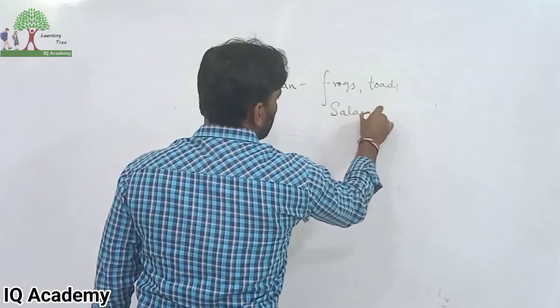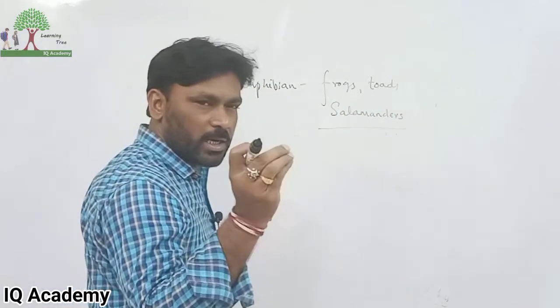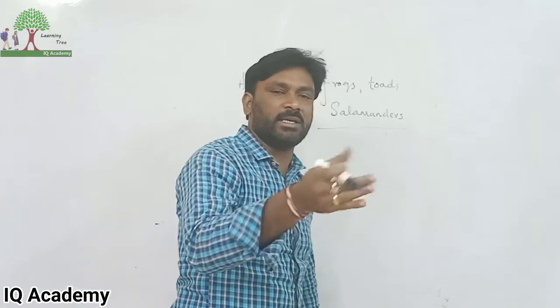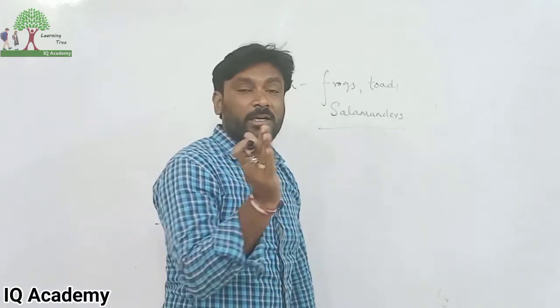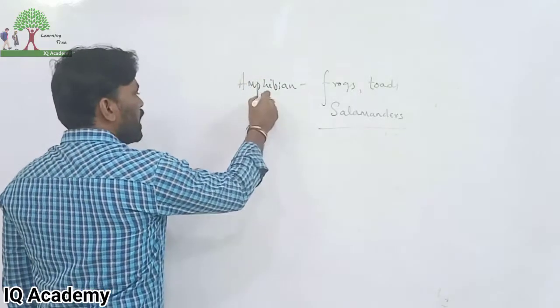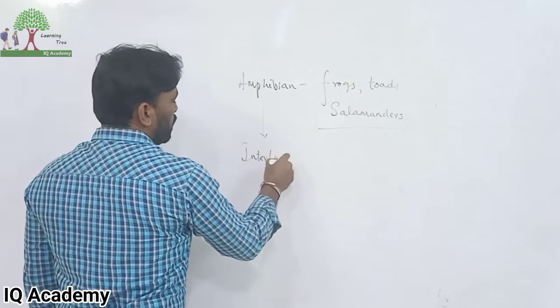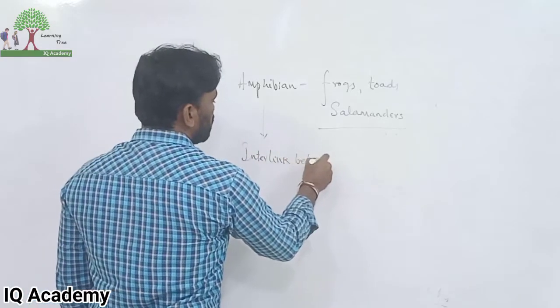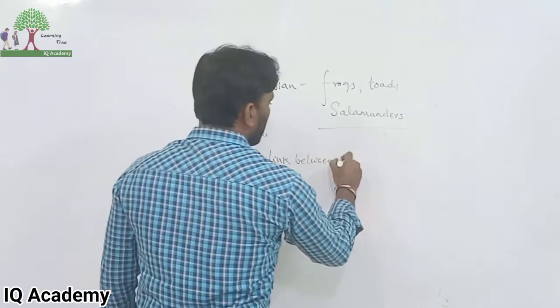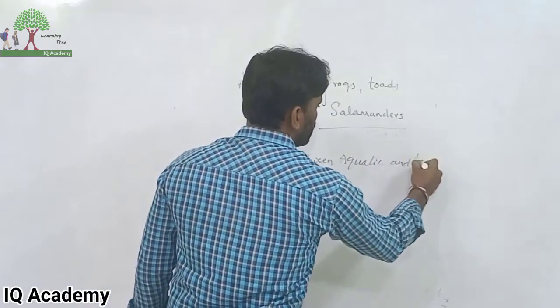Amphibian means they can live on land as well as in water. So they are the interlink between aquatic and terrestrial organisms.